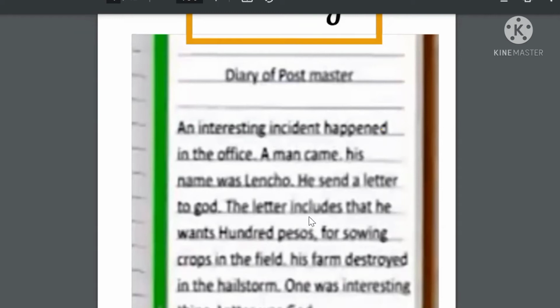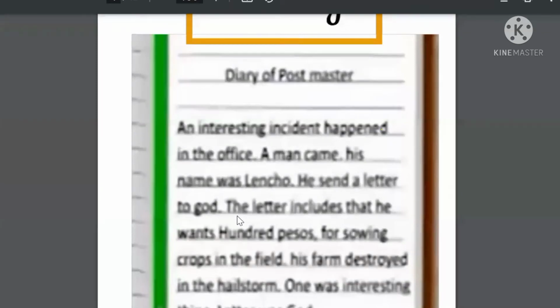The letter includes, the student wrote so. One of your friends wrote so. That is how your friend has written it. The letter includes that he wants 100 pesos for sowing. That is how it is written there. Any correction should be made?